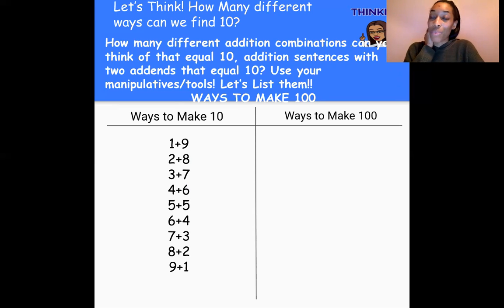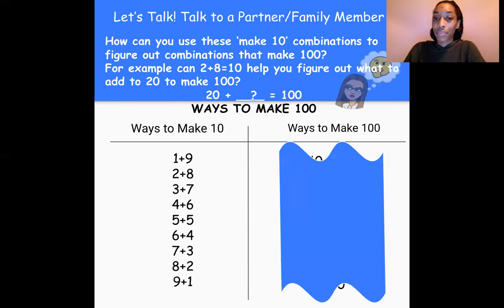Well, we're going to be using this to help us make ways to find 100. You also can do 10 take away 5 to figure out what's the number that's left, and that can become an addend. So now let's talk. How can you use what you know about making 10 to make 100?